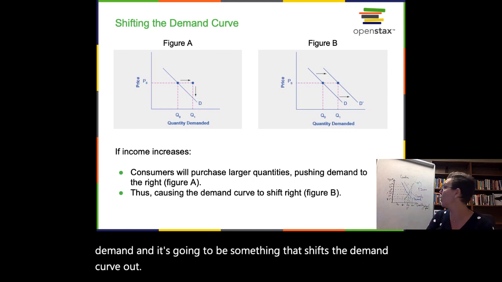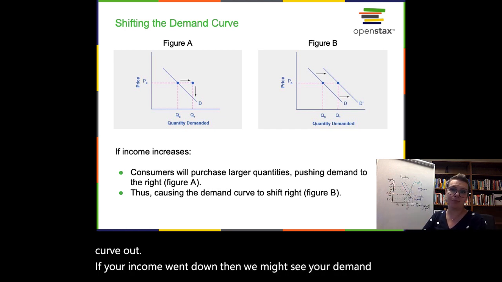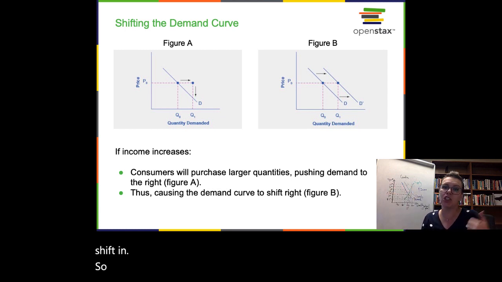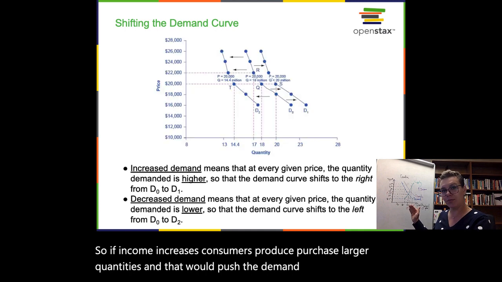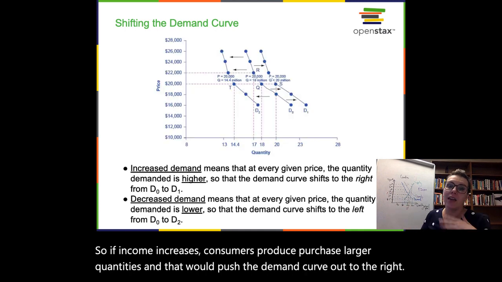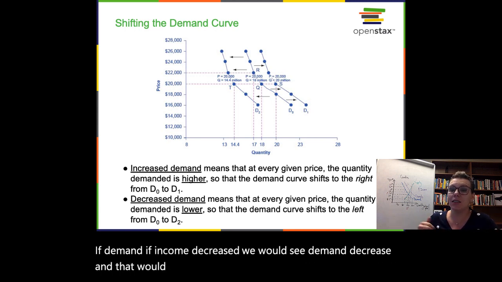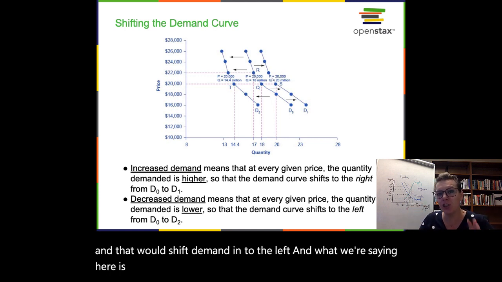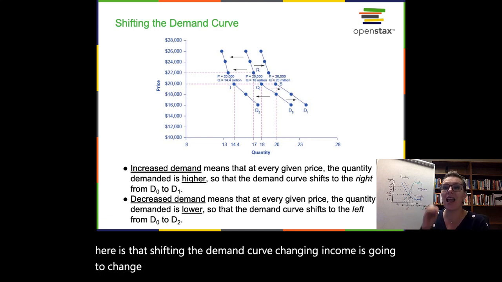If your income went down, then we might see your demand curve shift in. So if income increases, consumers purchase larger quantities, and that would push the demand curve out to the right. If income decreased, we would see demand decrease, and that would shift demand in to the left. And what we're saying here is that changing income is going to change quantity demanded at every price.